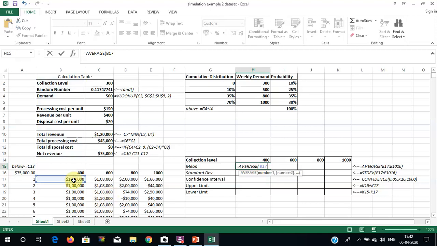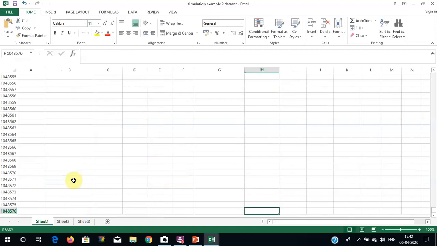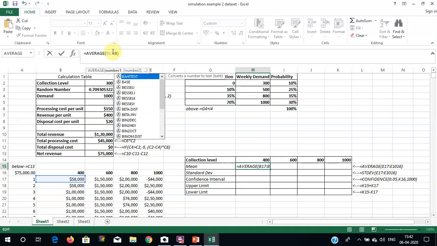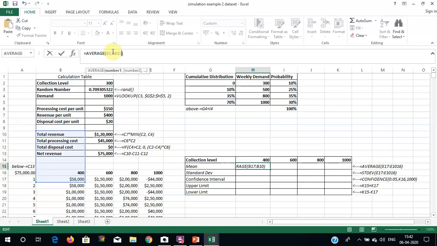So I told you, the first value is this, and the last value is B1046.